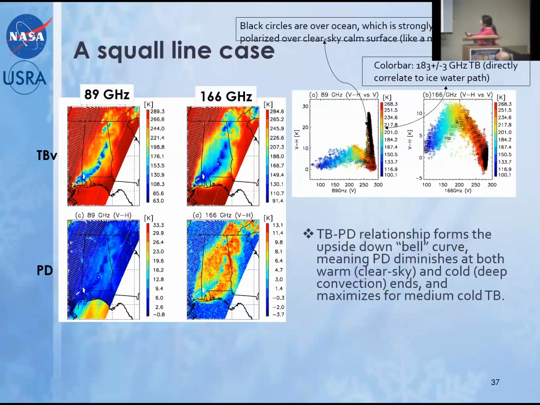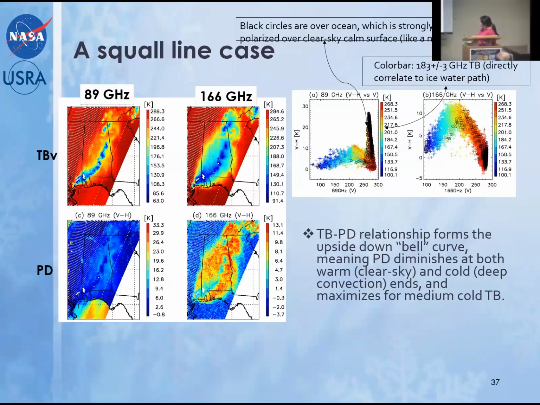If you plot it as a scatter plot of brightness temperature versus the PD, you can see it bears this upside-down bear curve. For 89 gigahertz and for 166 gigahertz, they are the same. And the peak is always about 10 to 12 K. Albeit for 89 gigahertz, you will see a lot of ocean surface wind signal here.